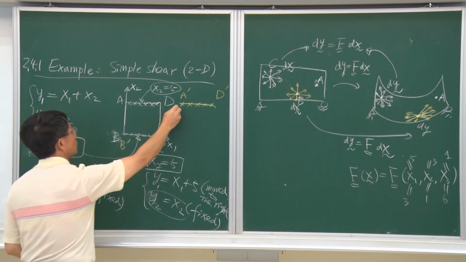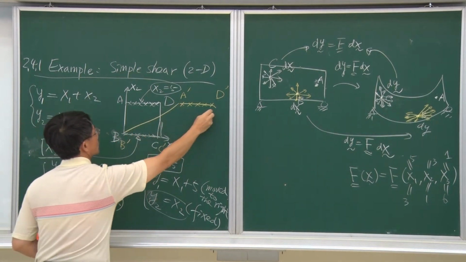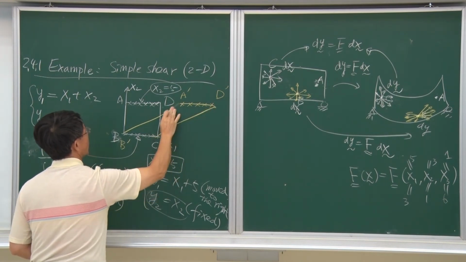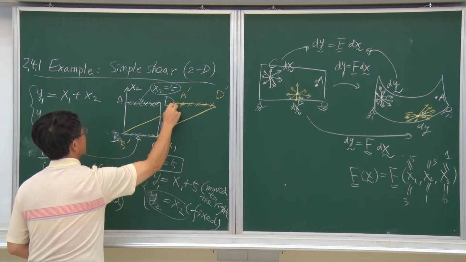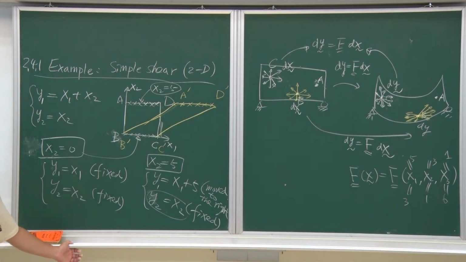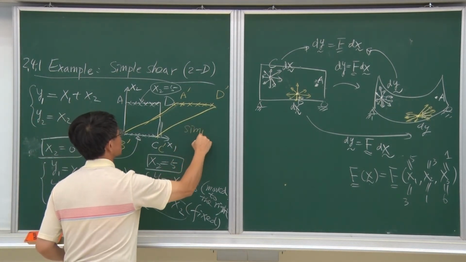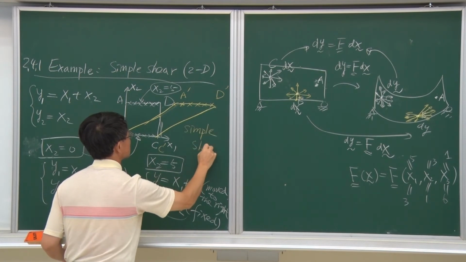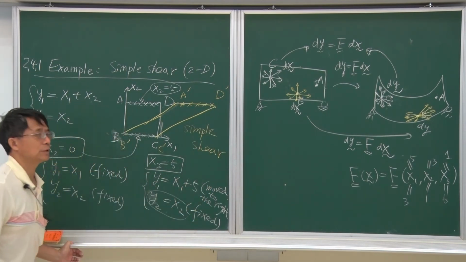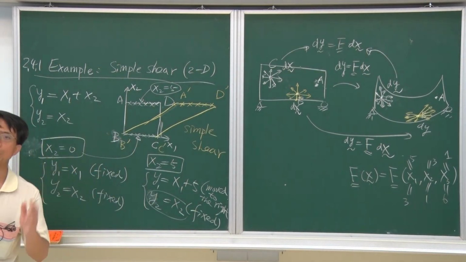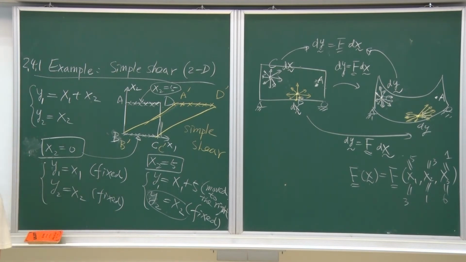So as a result, okay, we are having a simple shear. Okay, this is a deformation of simple shear, and we want to look at the material line movement of several points by this simple shear motion.